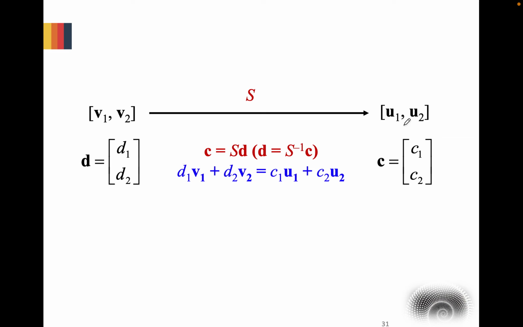If we represent it with respect to U1, U2, then the coordinate vector is C1 and C2, right? So in this case, D1 V1 plus D2 V2 is equal to C1 U1 plus C2 U2. And we want to find the transition matrix S, so that we can transform the coordinate vector D to C. Okay, we want to find this kind of transition matrix S.